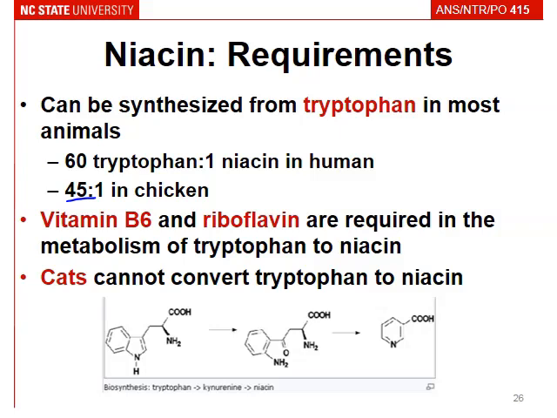So we need, remember this specifically, our vitamin B6 and our riboflavin are required. You have to have them for the metabolism of our tryptophan to niacin. So to make niacin from tryptophan, we need B6 and riboflavin.